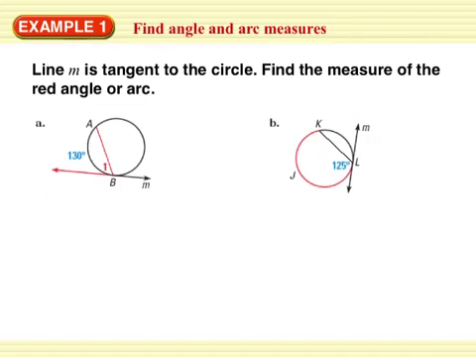Let's try some. Line M is tangent to the circle. Find the measure of the red angle or arc. So I said that the angle is 1/2 the arc. Here we have the arc is 130.